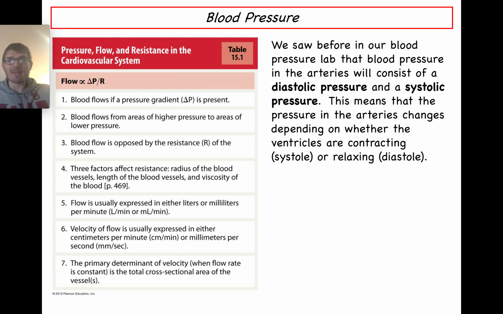So if you are talking about your arterial pressure, I'm sure you are aware the pressure is going to toggle back and forth between a higher pressure number and a lower pressure number. The higher number is called the systolic blood pressure, and the lower number is called the diastolic blood pressure.